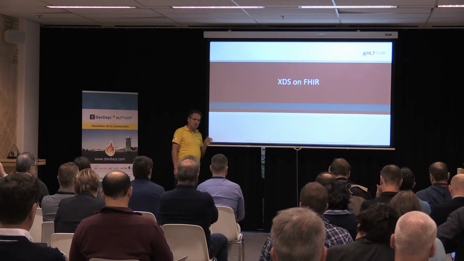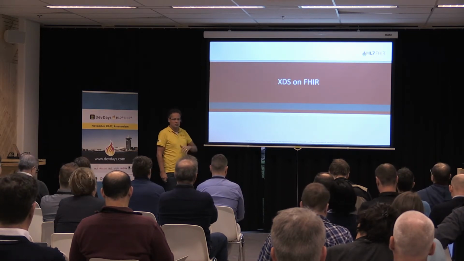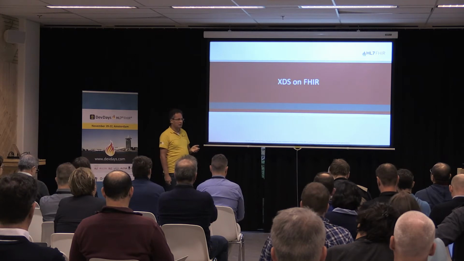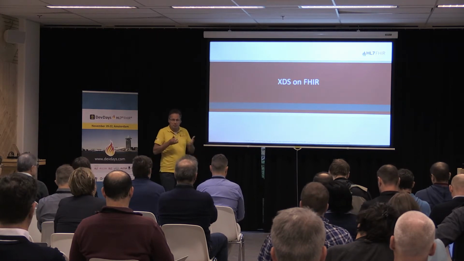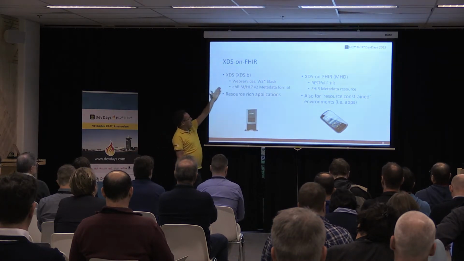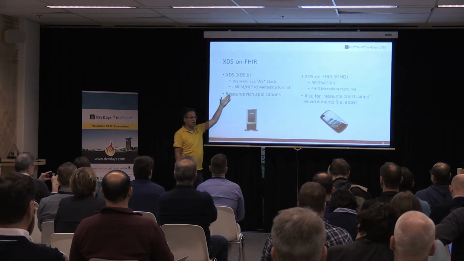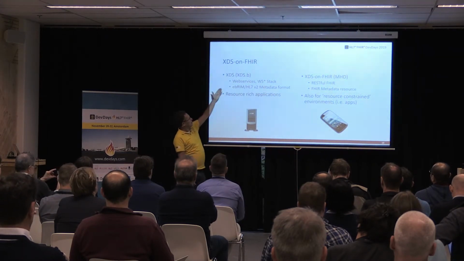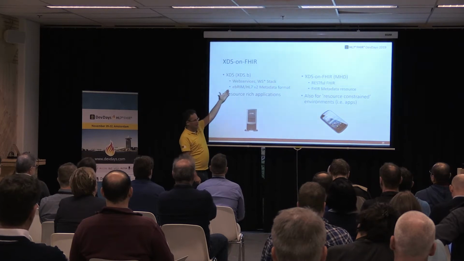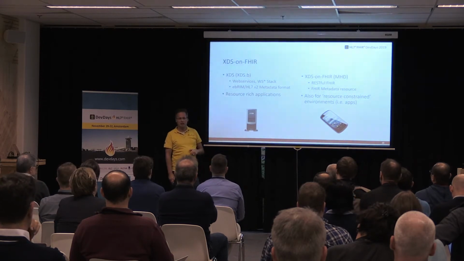Now, XDS out of the box, as it was defined in 2005, is not based on FHIR. Okay? Because FHIR obviously wasn't even there at that point in time. So if you look at XDS, formerly known as XDS.B, the second version of XDS, is based on web services. And the web services stack, the actual metadata expression is based on an EBRIM standard. And you go like, EBRIM.